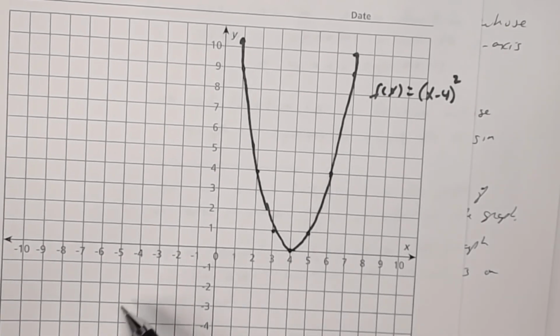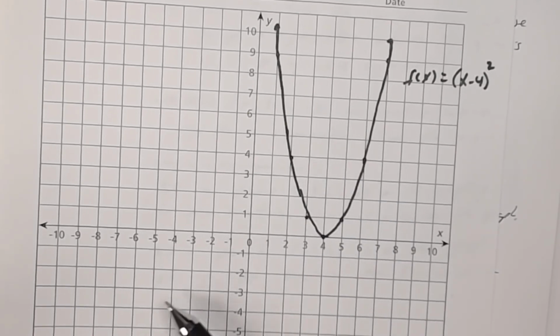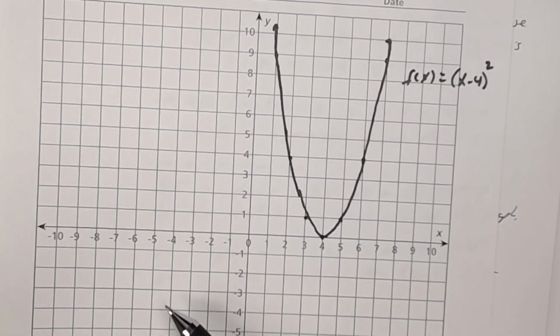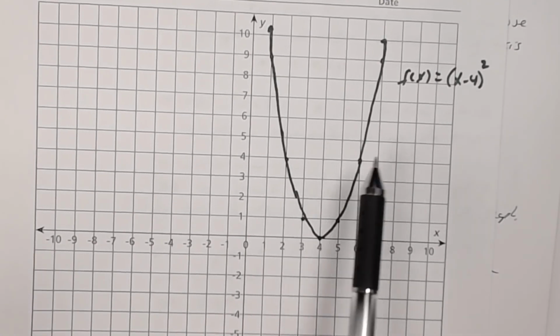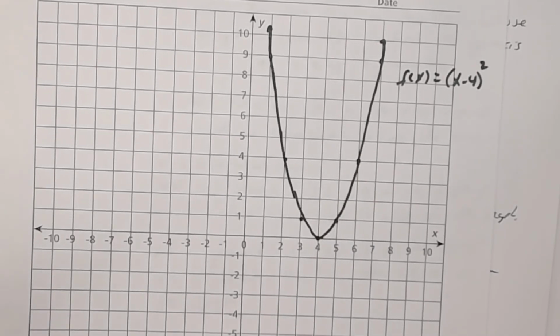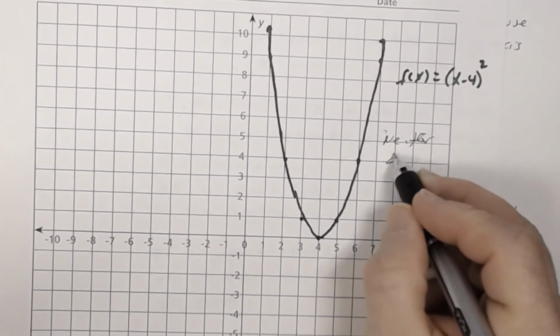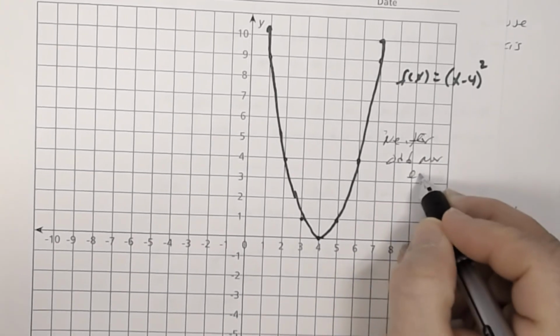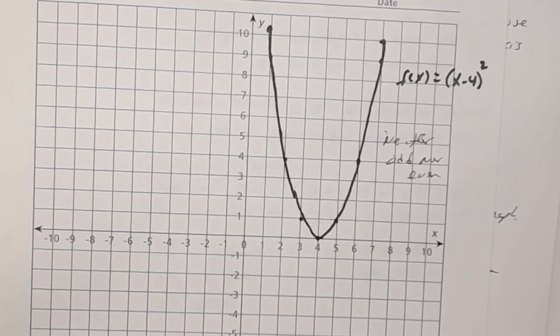Is it symmetric about the origin? No. So if this is the point of the graph, then you better have a point down on this side, right? So it's not symmetric about the origin, so it's not an odd function either. So remember, if it's not an even function and it's not an odd function, we say neither. So this is neither. Okay, so neither odd nor even. Okay? All right, so that's what we mean by the idea of neither.